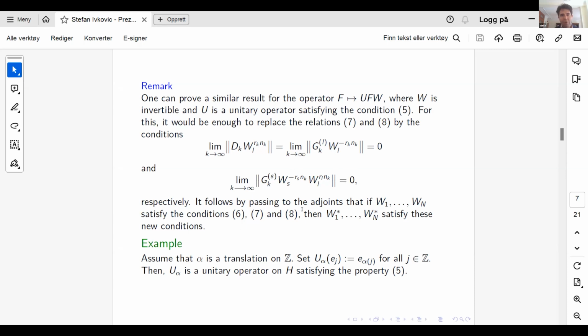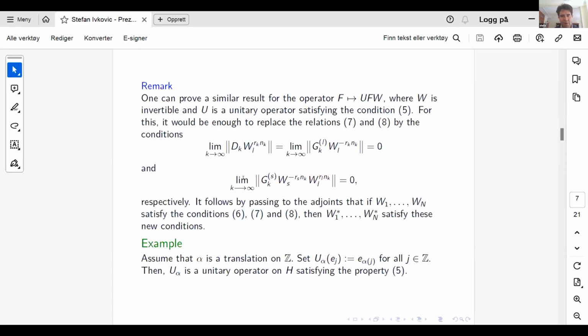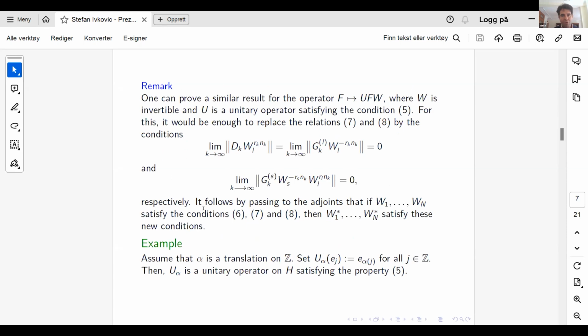And then it follows that if the operators W satisfy these conditions here, then their adjoints would satisfy these conditions here. So it is not hard to see. And it follows that if you can construct examples satisfying these conditions here, then automatically, by passing to the adjoints, you have also solved this other situation for this operator here.